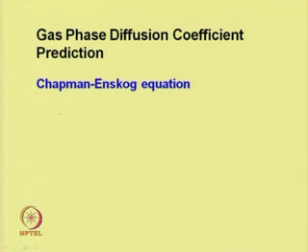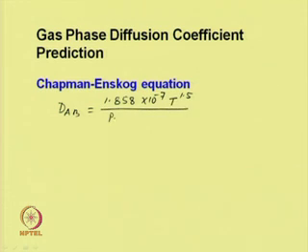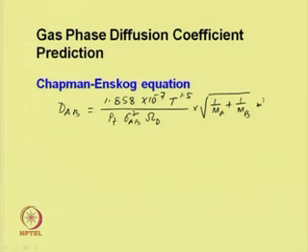So, the equation which is given: DAB is equal to 1.858 into 10 to the power minus 7 T to the power 1.5 divided by PT sigma AB square omega D into square root of 1 by MA plus 1 by MB. This is in meter square per second.